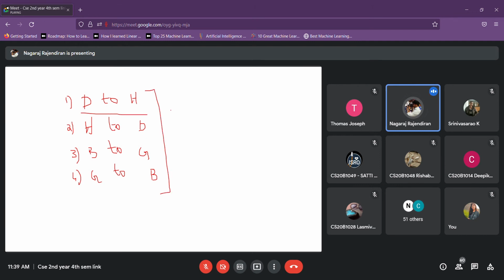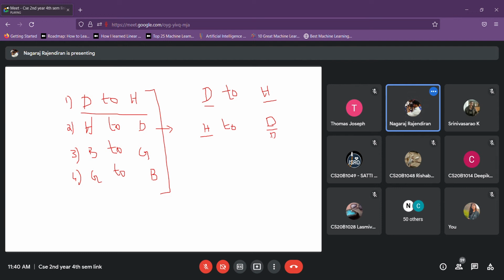First one is decimal to hexadecimal. We are planning to convert a decimal number to a hexadecimal number. Similarly, in hexadecimal to decimal, first we need to take a hexadecimal number and perform a decimal conversion.